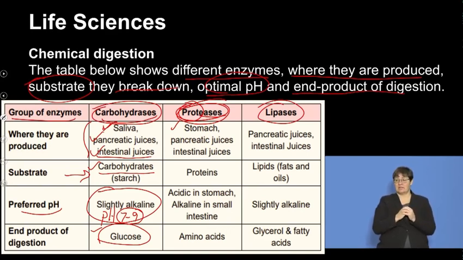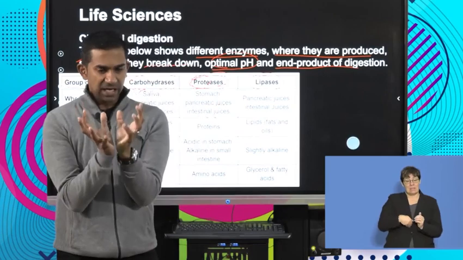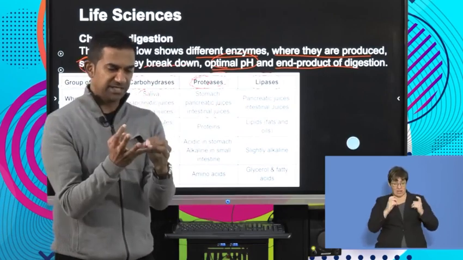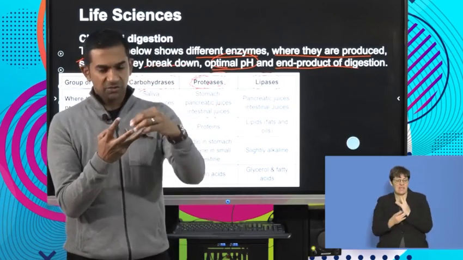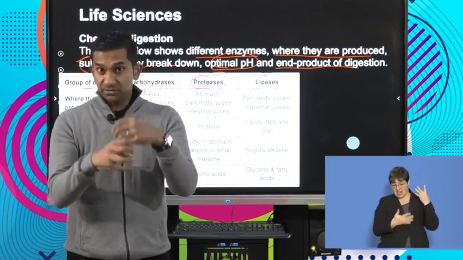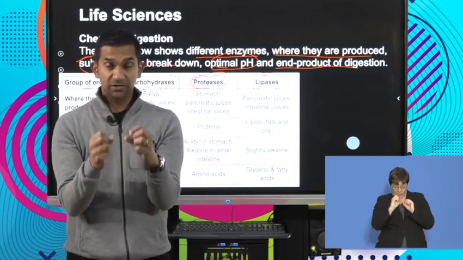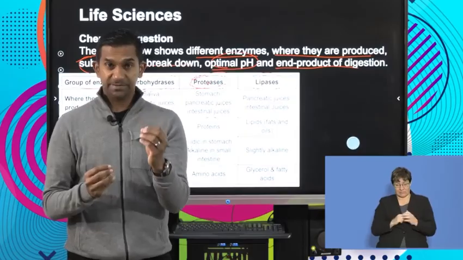We also see that the pancreas produces some important protein digesting enzymes, along with the intestine producing enzymes that are responsible for protein digestion. The substrate that all of these target would be proteins, and so we find that in the stomach the large protein molecules, so your beans, your meat, your fish, your steak, are mixed with the digestive juices and then broken down into smaller polypeptides.